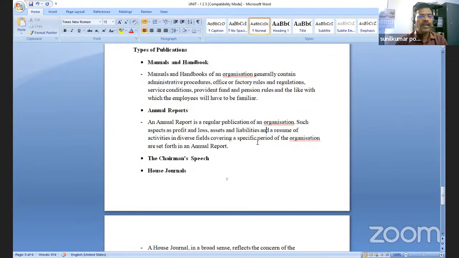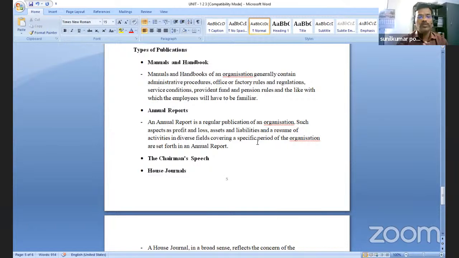Okay. An annual report is a regular publication of an organization. Such aspects as profits and loss, assets, liabilities, all this comes under the annual reports. Their figures come in the annual report.